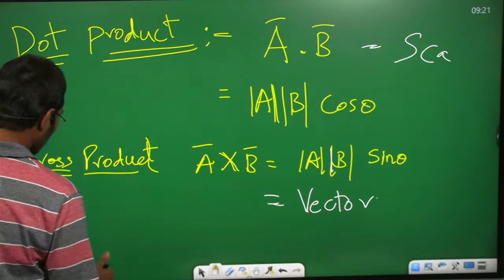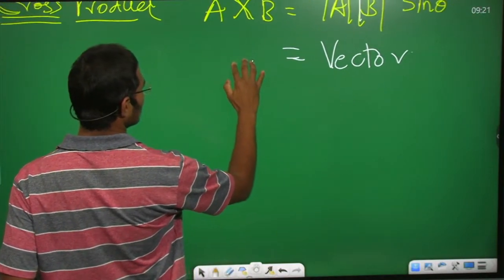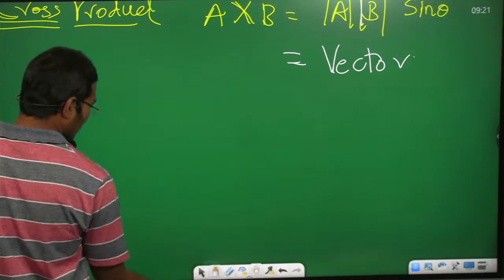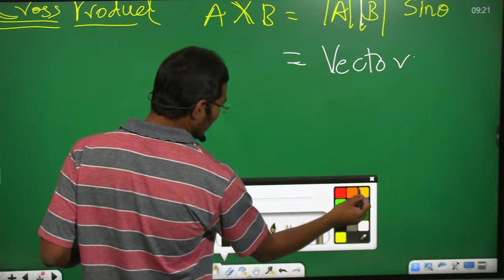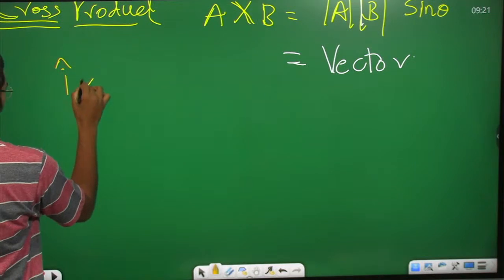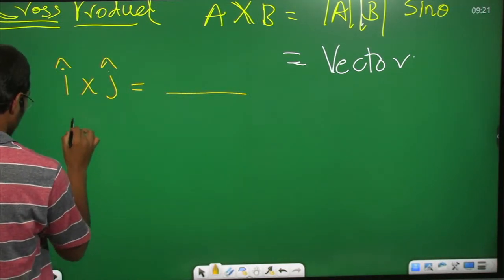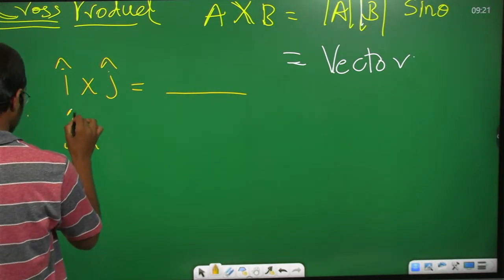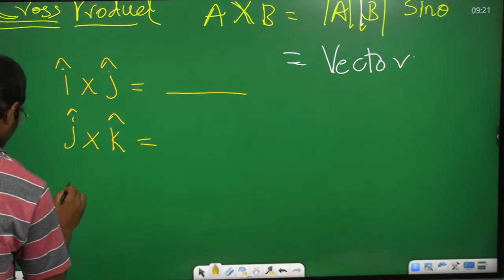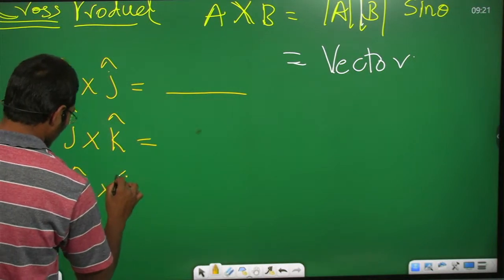So let us try to look at the cross product between unit vectors. Try to complete the blank, okay? I will be giving you blanks. You try to complete and check whether you are getting it right or not. These are basic fundamental quantities or units, whatever you call them.